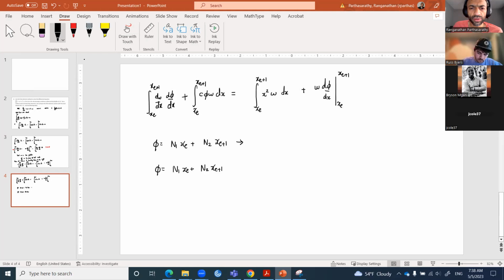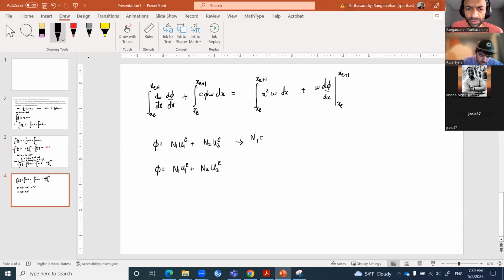So in the real coordinate space, phi is N1 u1 plus N2 u2.